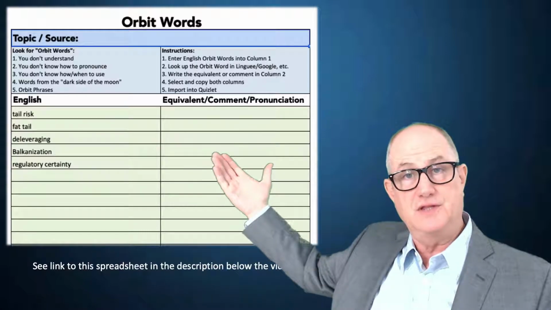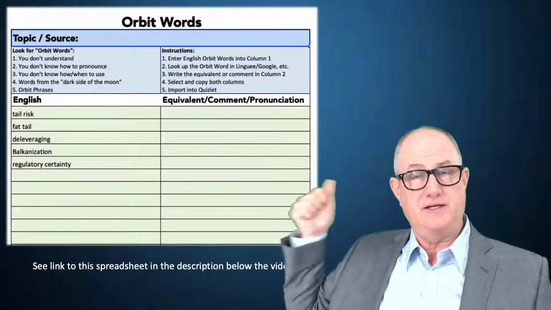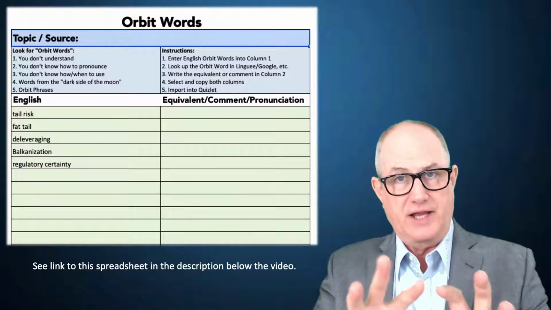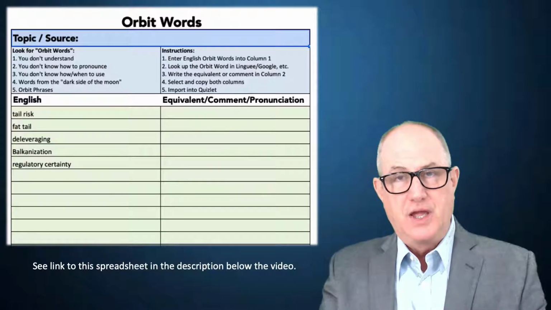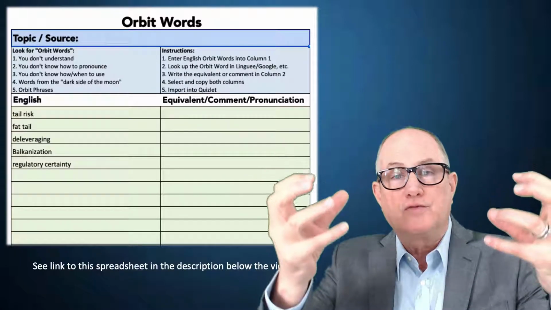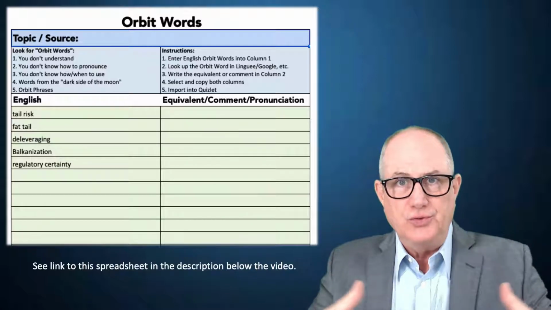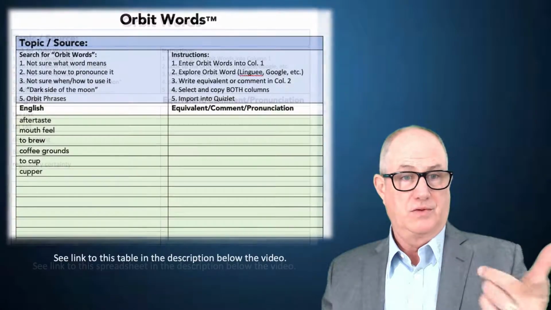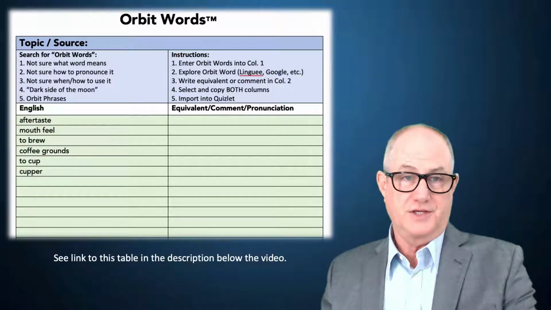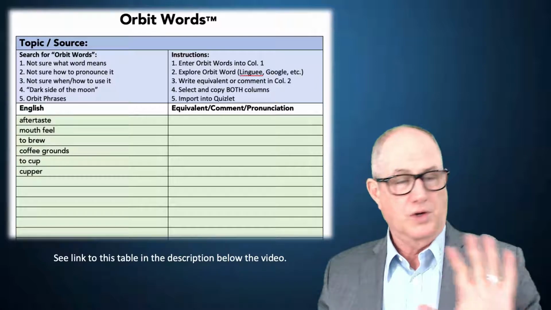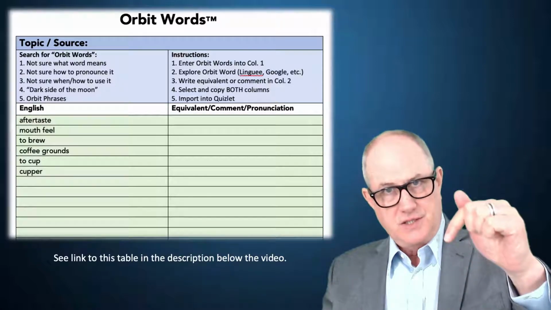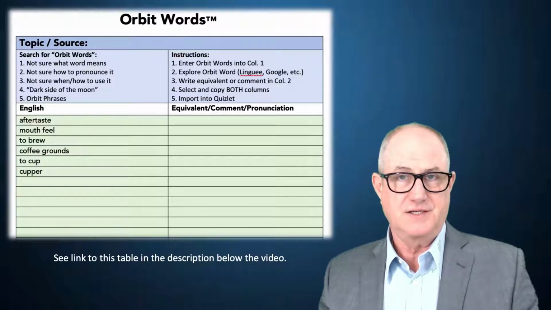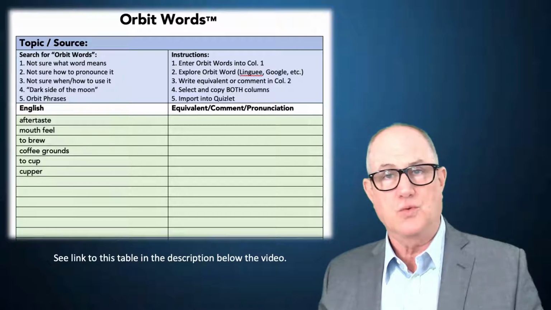In the right-hand column will go any information that you generate in your exploration of the word that will help you bring that word out of orbit and down into your working vocabulary. I'm providing you the Excel sheet template, or the word table, which works just as well. There are links below this video in the description section where you can have free access to these templates and put them to work immediately.